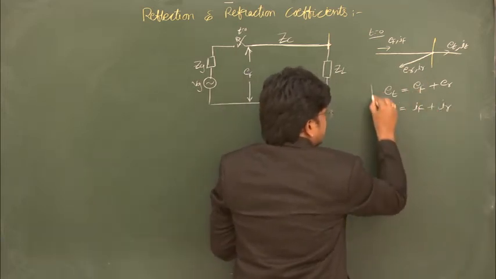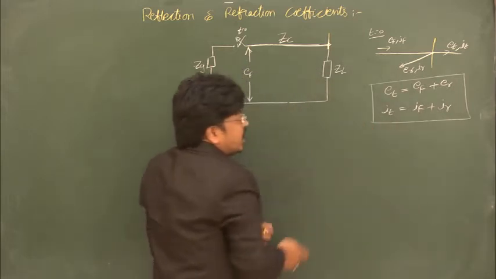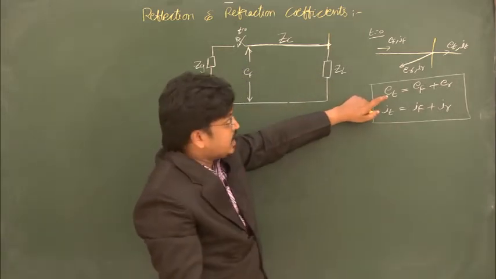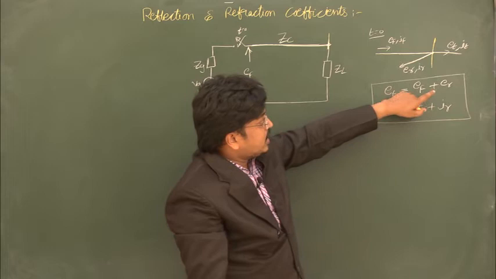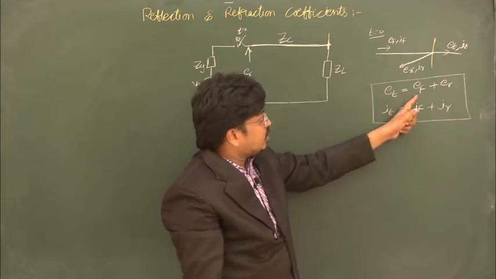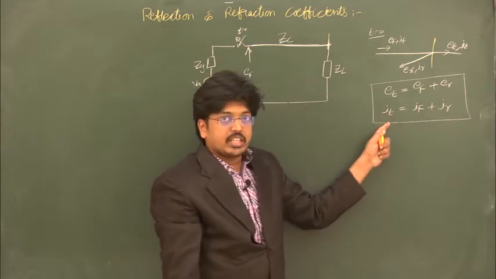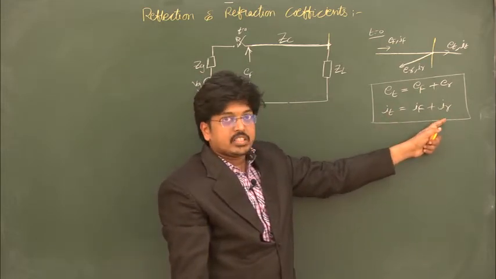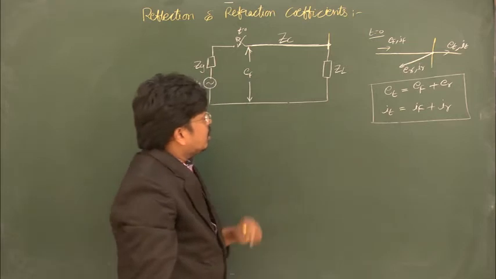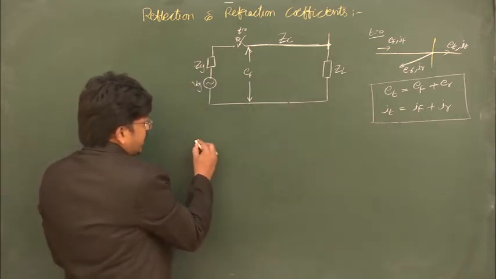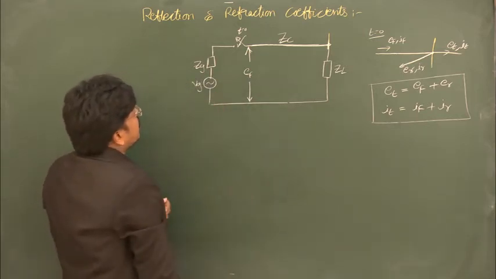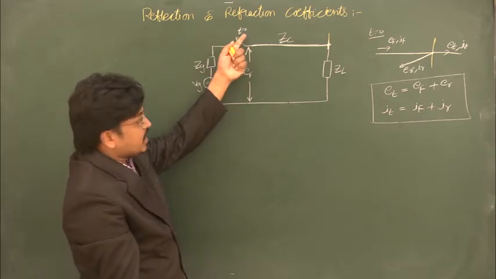These are the major equations which relate the transmitted voltage to the incident and reflected voltage: ET equals EF plus ER, and similarly IT equals IF plus IR. Now, with these equations, we have to calculate the reflection and refraction coefficients.